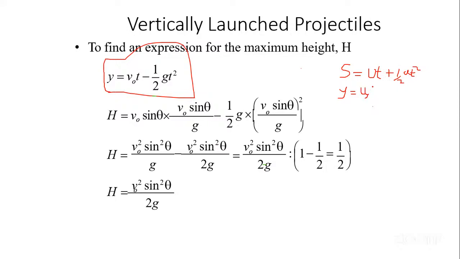Then it's going up, so this is a minus, and our acceleration becomes g, t squared.